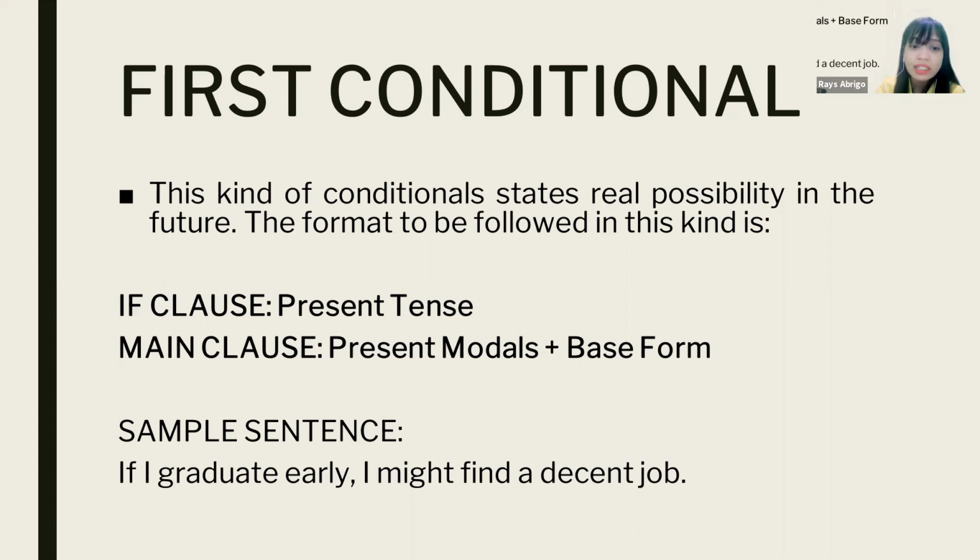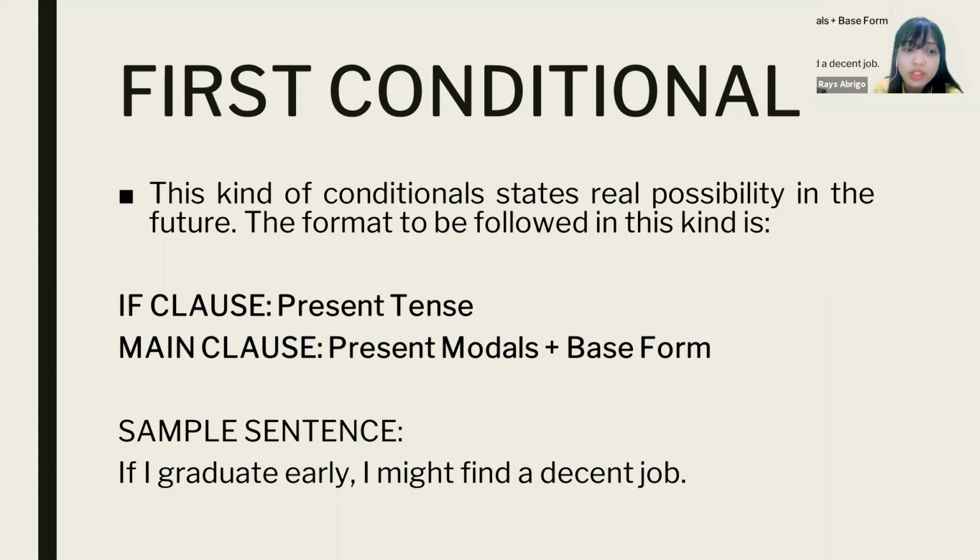It still serves its purpose and still follows its format: the if clause is still in present tense and the main clause has present modals plus the base form of the verb. This also follows rule number 1 in modals, that whenever we use them, the main verb is in its infinitive or base form.